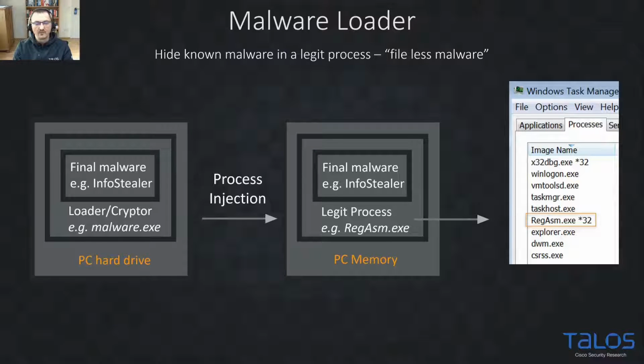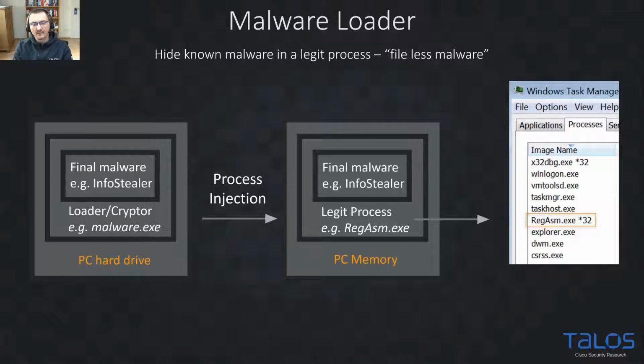You're not seeing this original cryptor process anymore. This is hidden somewhere on the hard drive, but it is not in your process list. So even if you're doing an offline scan of that box, you will probably not detect it because everything inside of this loader is encrypted. And as long as the loader is not known by the antivirus system, it will probably not detect it.